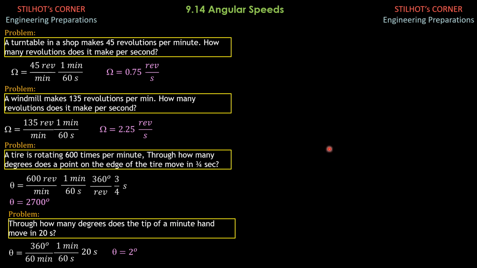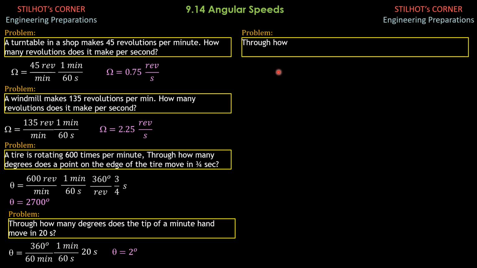Next: through how many degrees does the tip of the hour hand move in 20 minutes? The speed of the hour hand is 360 degrees in 12 hours, or 30 degrees per hour.